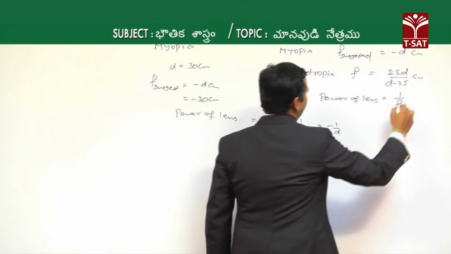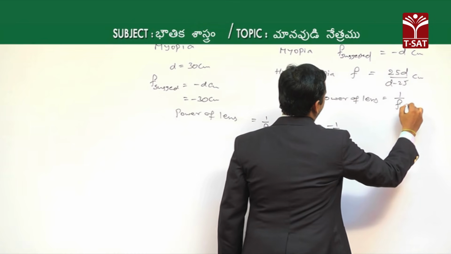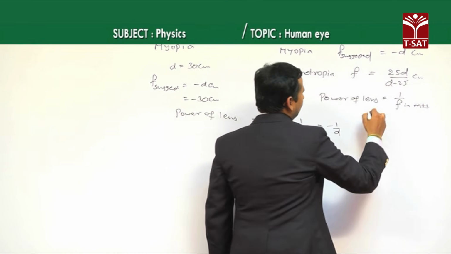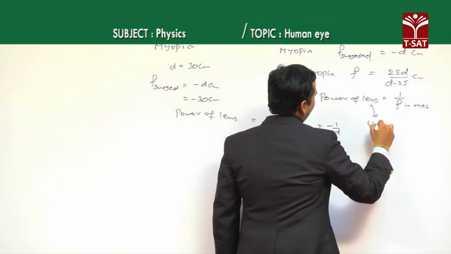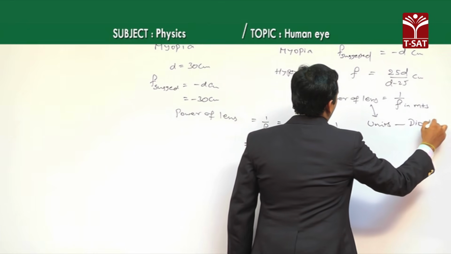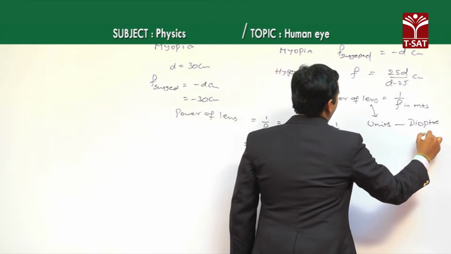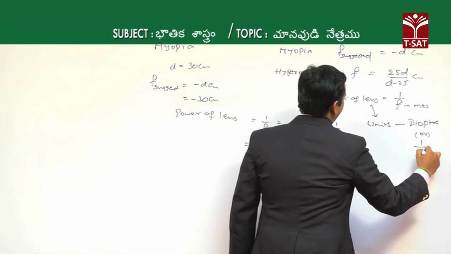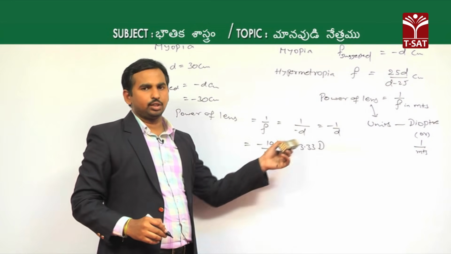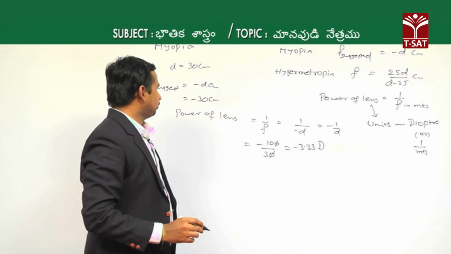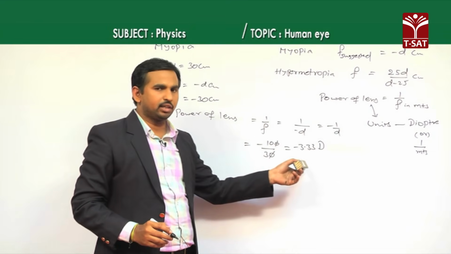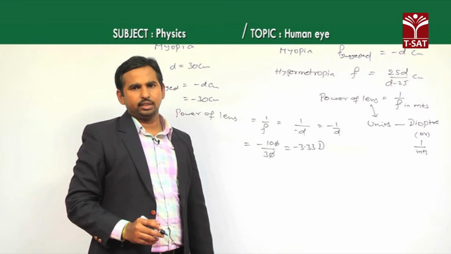So, the unit of power is diopter. This f we are taking in meters. The units of power of the lens are diopters, or reciprocal of meters, 1 by meters. So, we got minus 3.33 D. Okay. Because here we have to use a concave lens, we got minus 3.33 D.